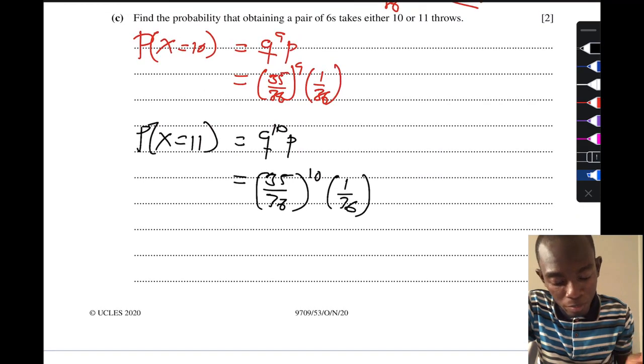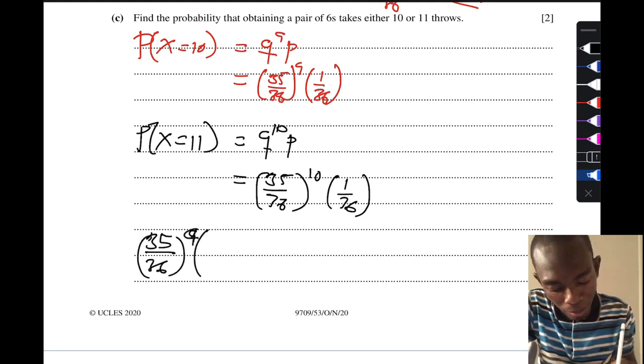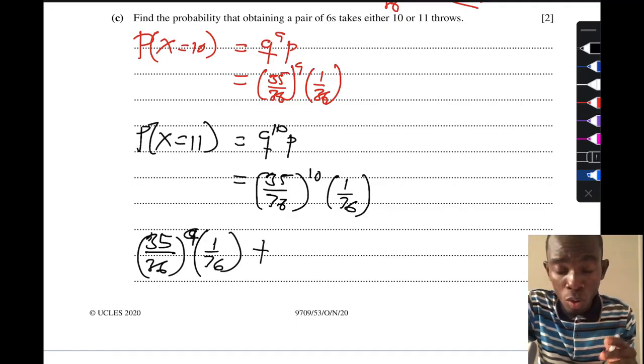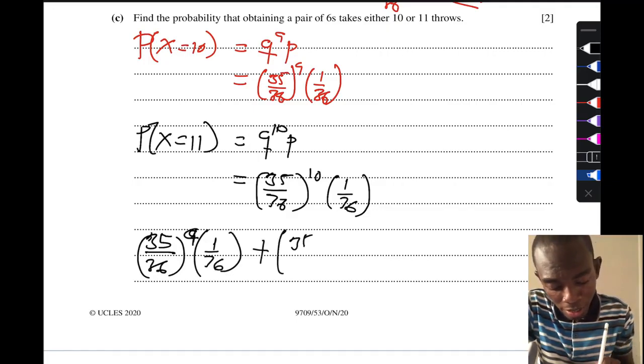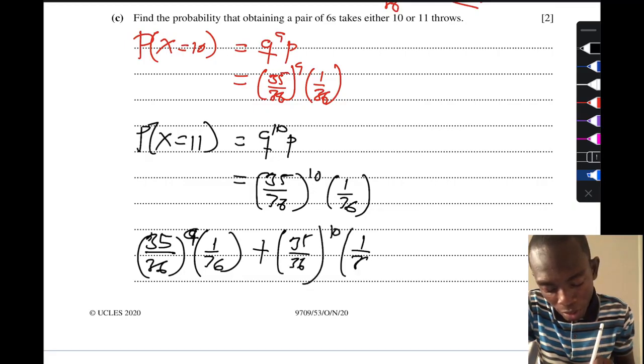So we have 35 over 36 to the power 9 times 1 over 36, plus 35 over 36 to the power 10 times 1 over 36.